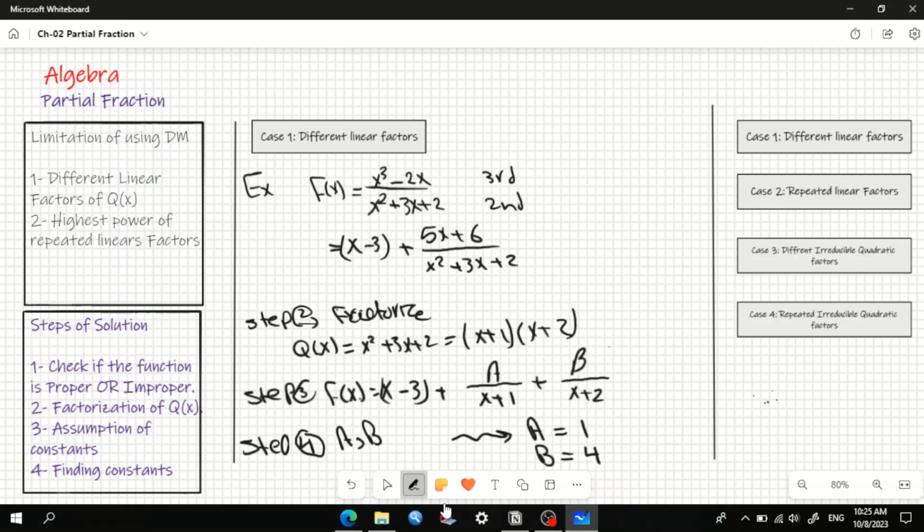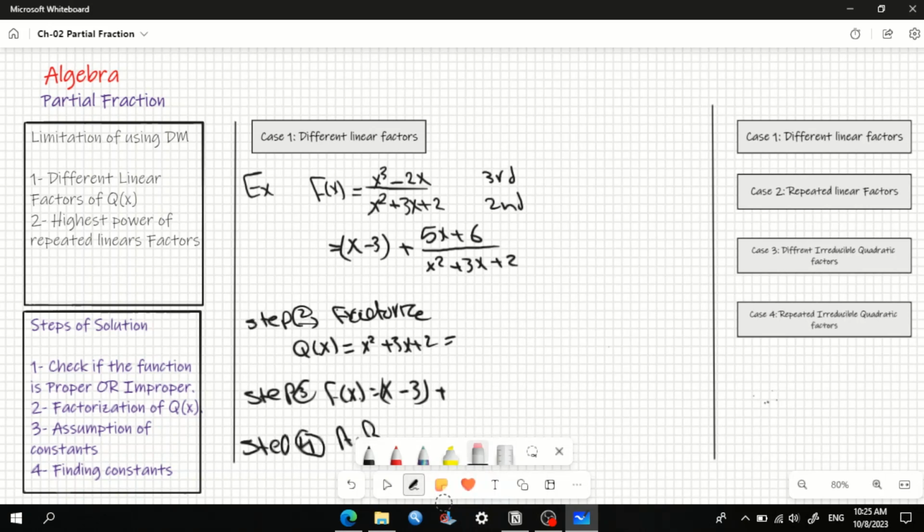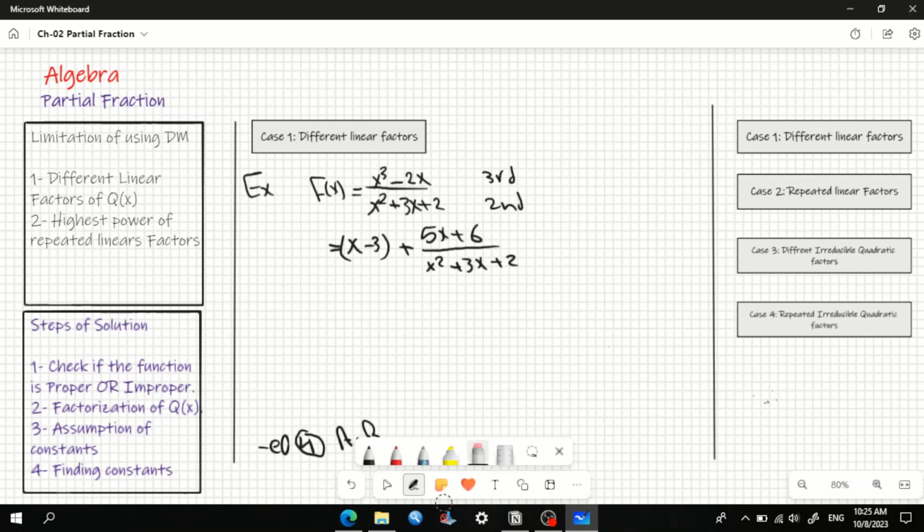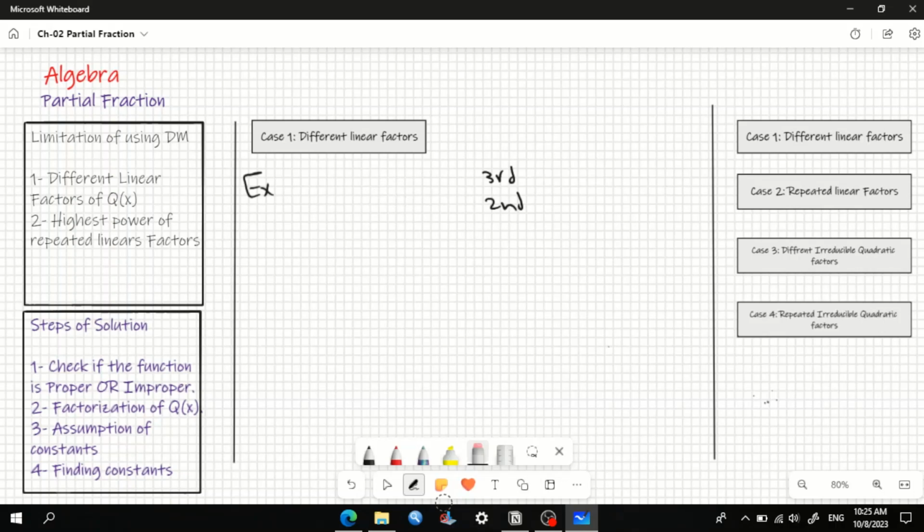Okay, let's move to the next example: f of x equal to 9x plus 11x minus 2 over x minus 1 times square root of x plus 2.